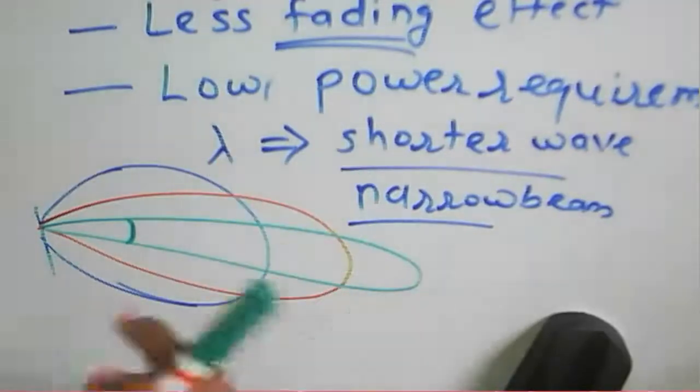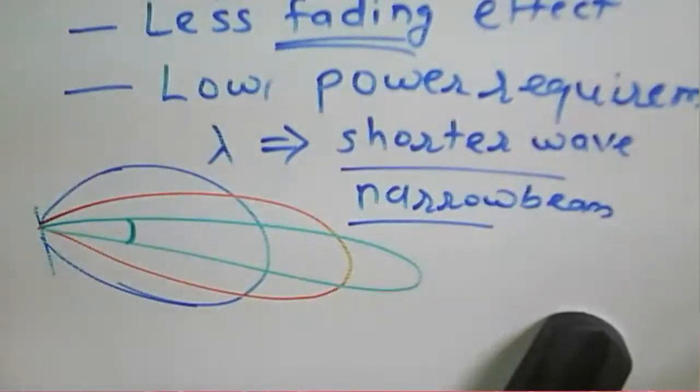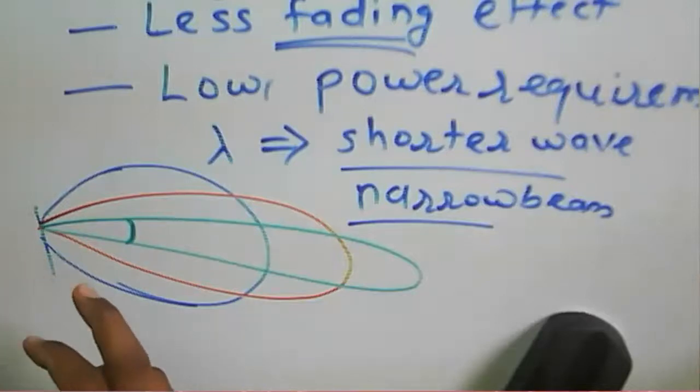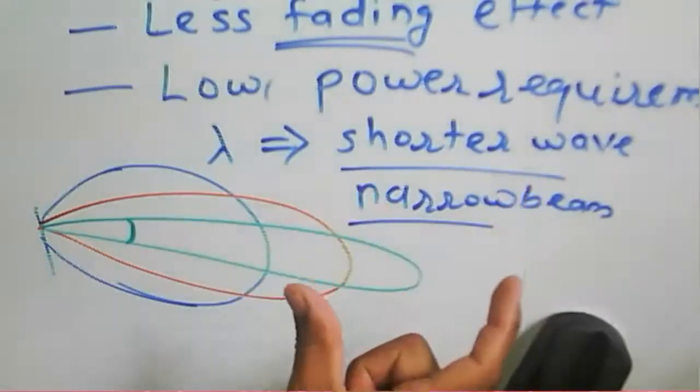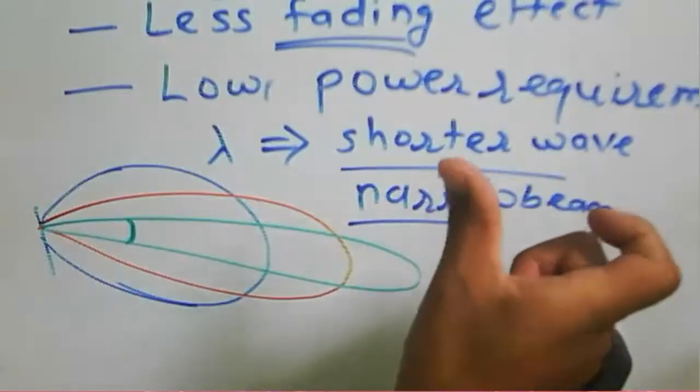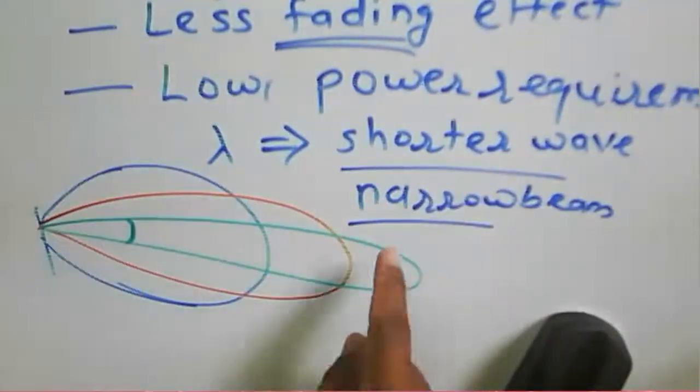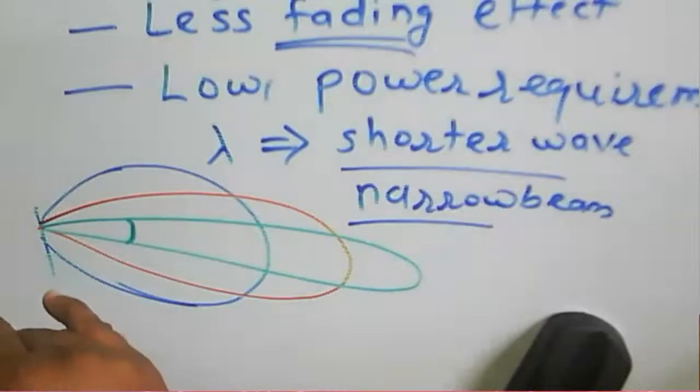So that's why a microwave signal requires less power to be transmitted. Short waves are propagating, and that provides a narrow beam of radiation.